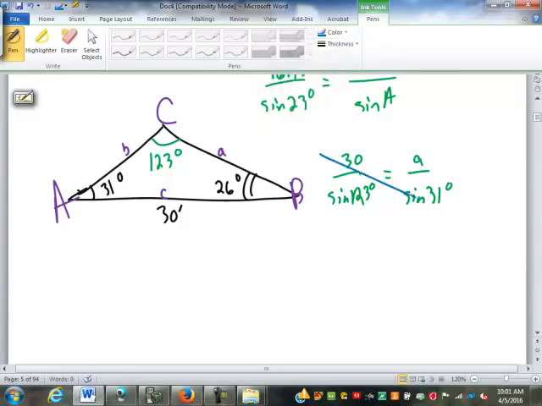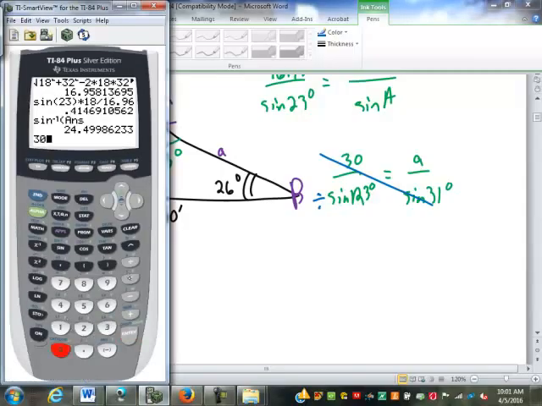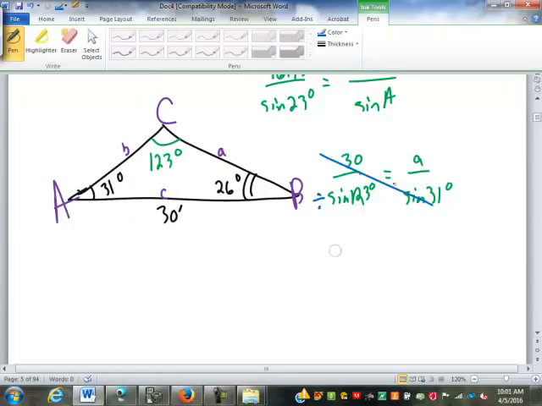So we cross multiply and divide to get a. 30 times sine of 31 divided by sine of 123 comes out to be 18.42. So A is 18.42 feet.